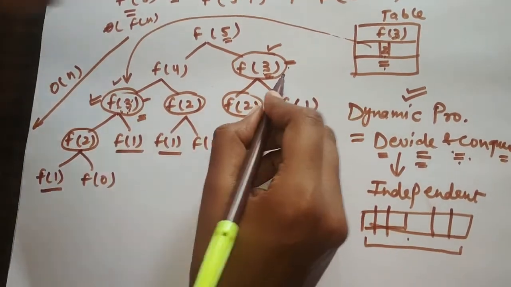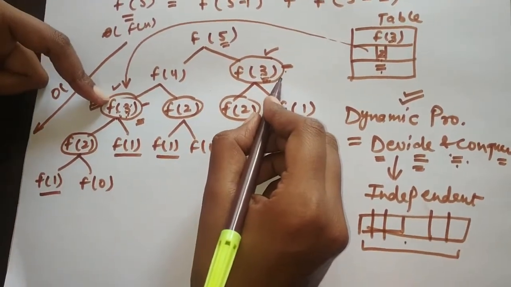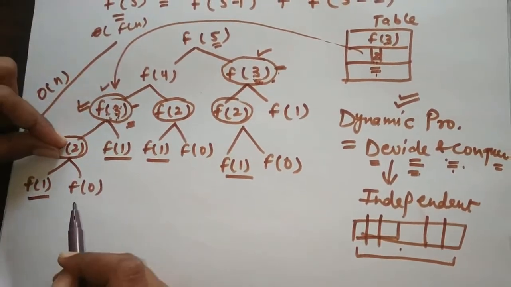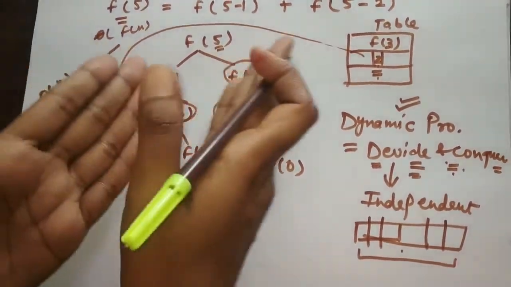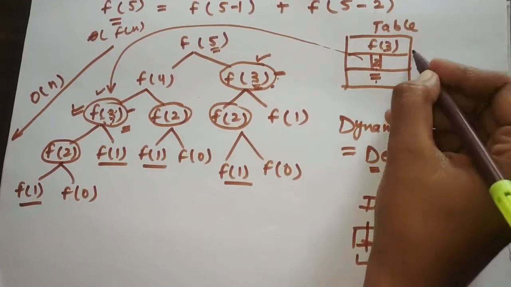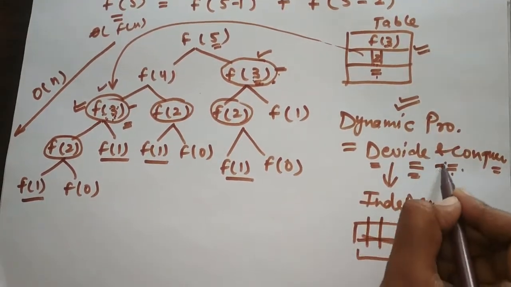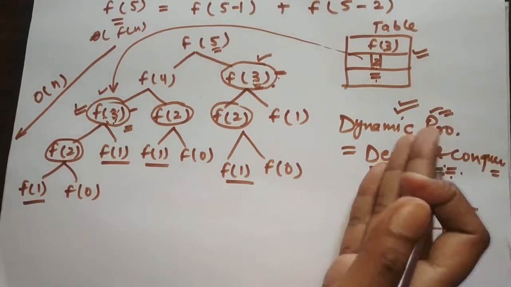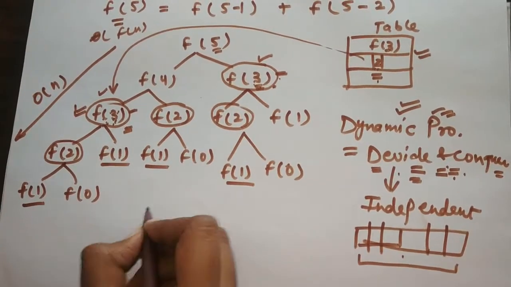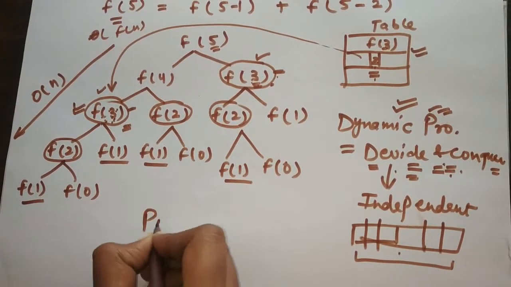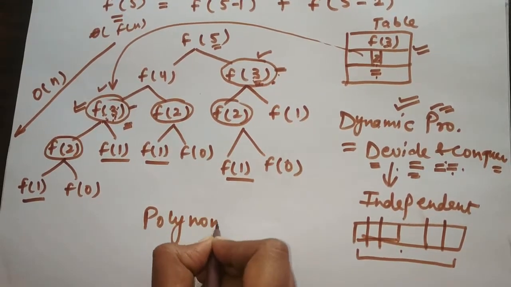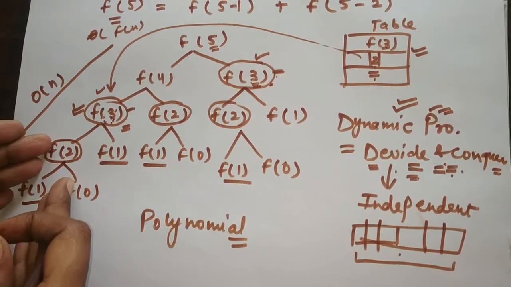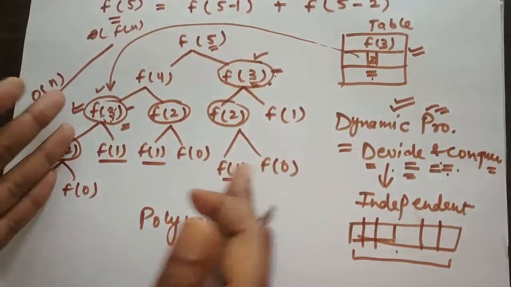The divide and conquer method in the Fibonacci series will do unnecessary work, because it will not take the value from here. It will call a function to solve this and then this and then this. It will not take reference from any table, so it will do extra work. But using dynamic programming, we are going to reduce the time.